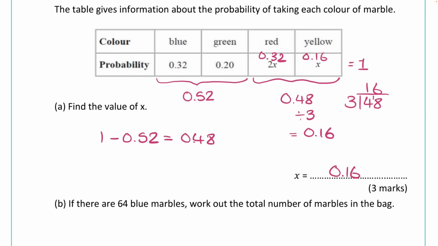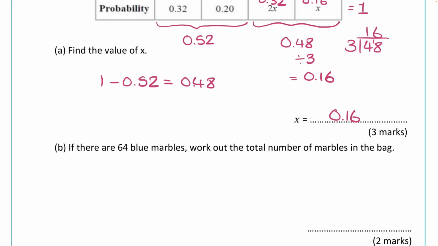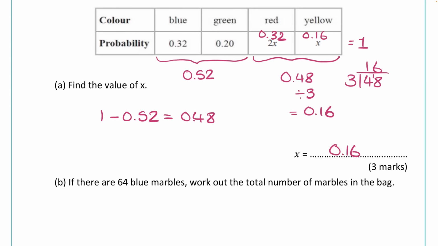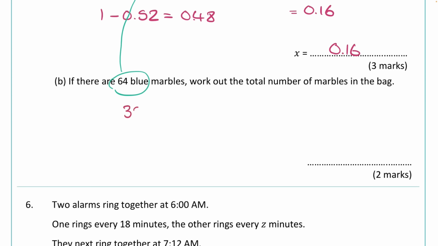It says for part B, if there are 64 blue marbles, work out the total number of marbles in the bag. Now don't forget these decimals in the table are just hidden percentages. So here where it says 64 are blue, well, that just relates to this 0.32, which is 32%. So if we write that down below, that 32% is equal to 64, and we want to know the total, so we want to know what 100% is.